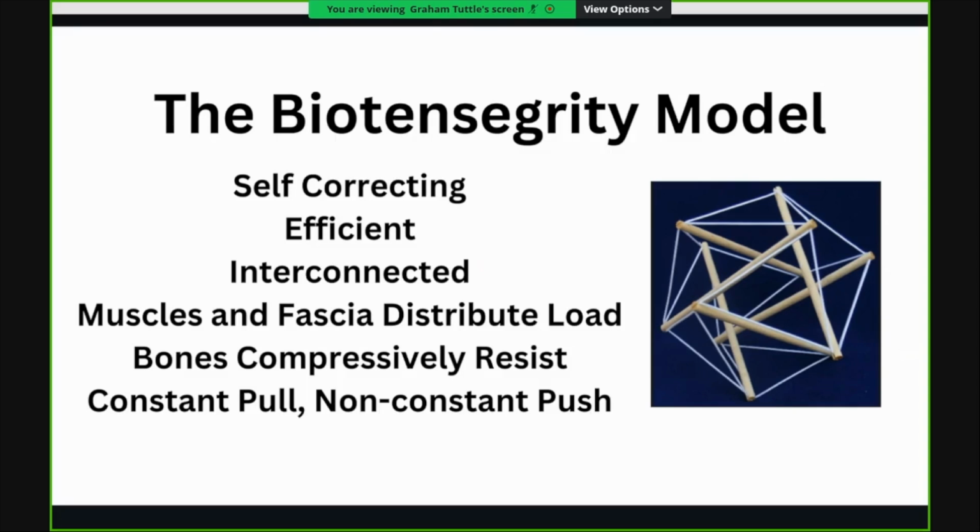So what you get is a structure that holds itself up based off of the relationship between the tensional pull of the muscle and fascia and the resistive strength of the bone, which is why when you start to see decompression, loss of height and things over time, people die. Osteoporosis, osteopenia, anything that weakens the bones weakens the integrity of the whole system.